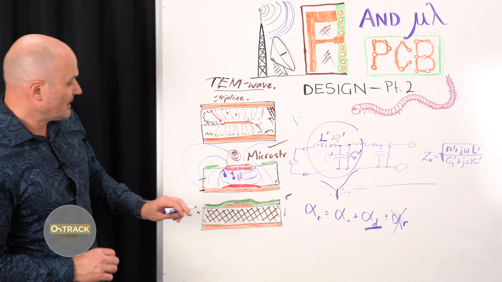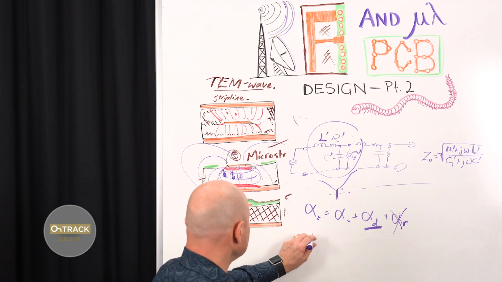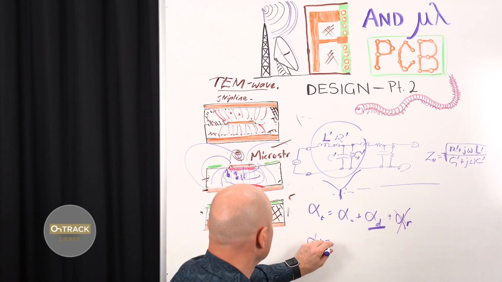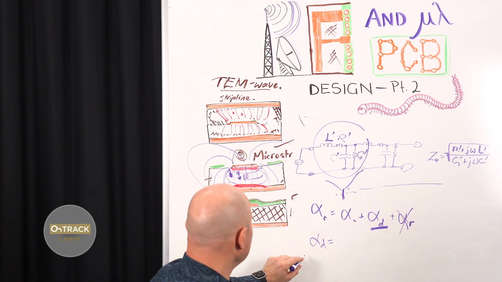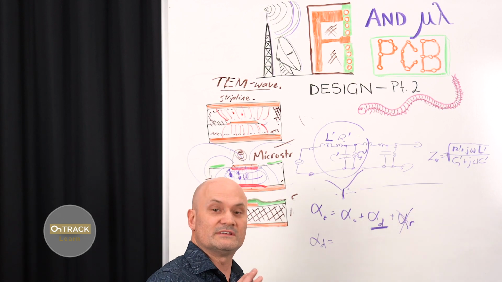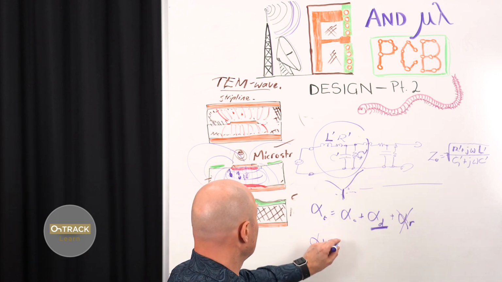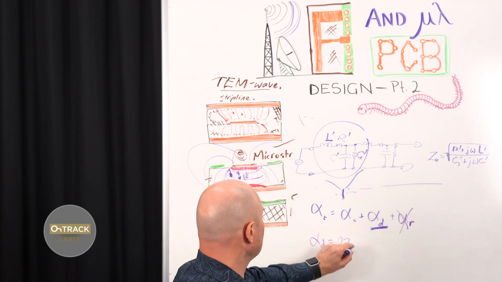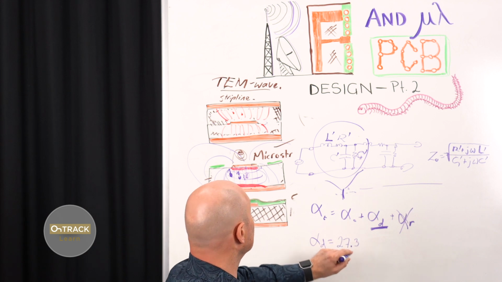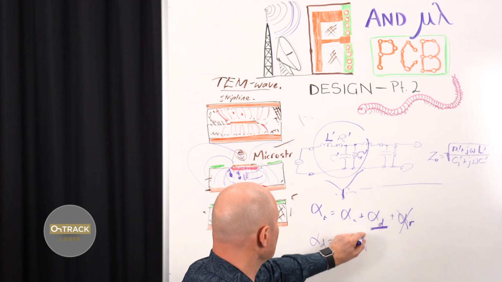So for a strip line, dielectric loss is given in dB per inch typically, and that's going to be according to IPC 2252 and the research that's been done. I don't need to reinvent the wheel here.